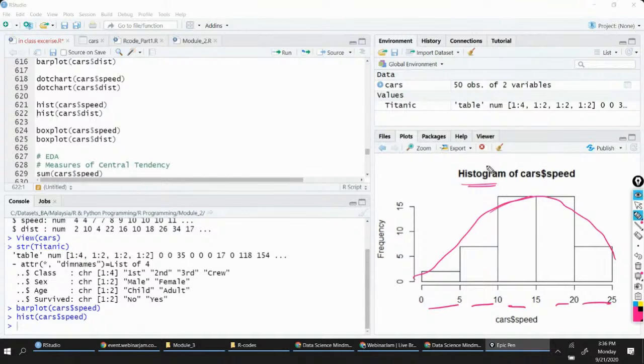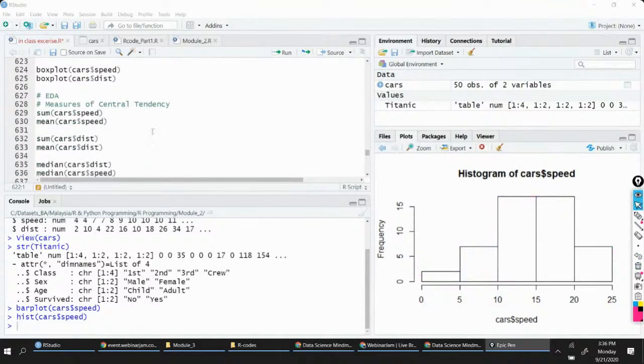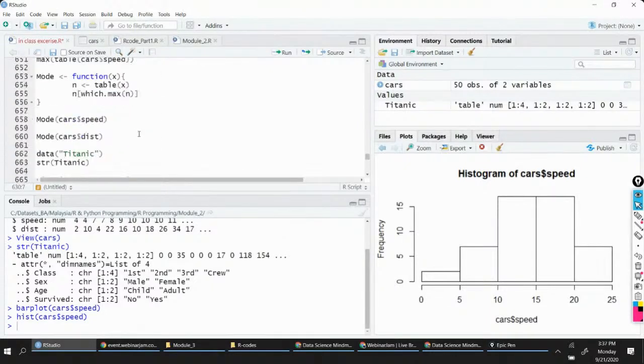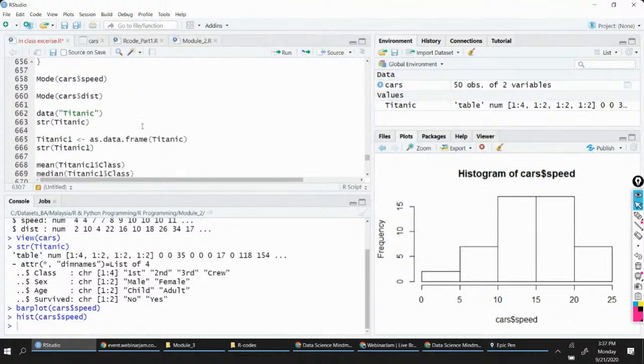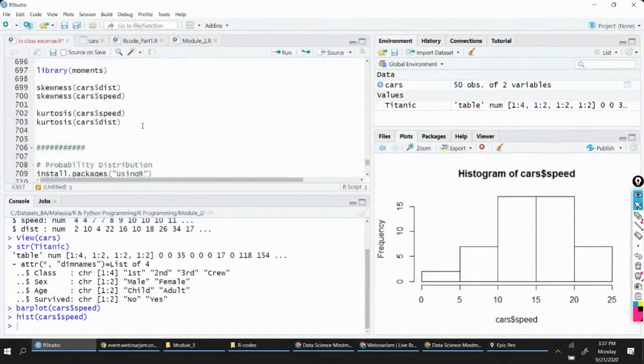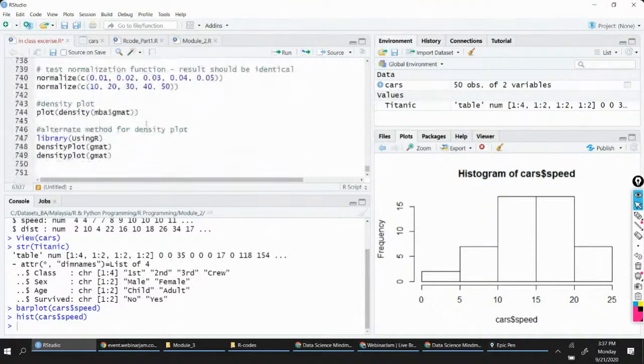But what if you have to come up with a continuous visualization? For example, speed here is continuous data, right? So here we have a visualization technique called a density plot. And in order to get the density plot, we have to use a library called lattice and using R. So I'm installing this library.